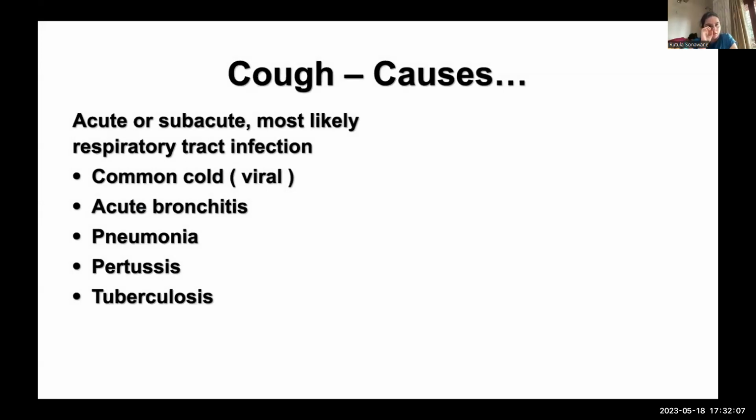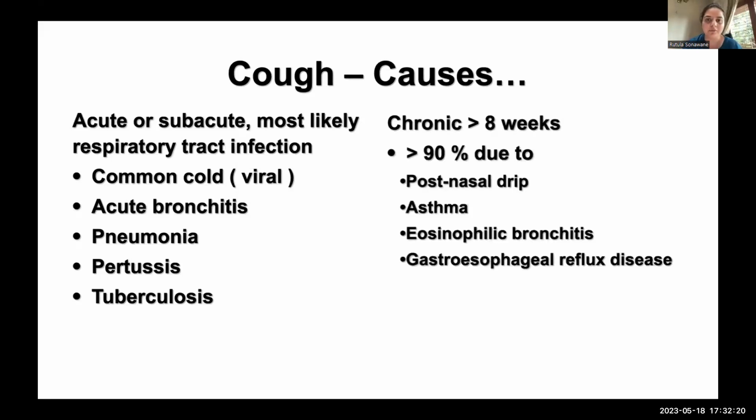Causes, acute or subacute, most likely because of a respiratory infection like common cold, which can be viral, bronchitis, pneumonia, pertussis, or tuberculosis. Chronic cough, more than 90% is due to postnasal drip or asthma, can be bronchitis, or sometimes even gastroesophageal reflux disease.